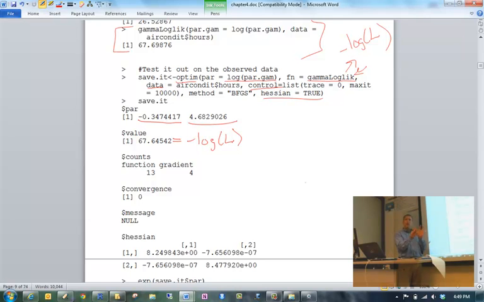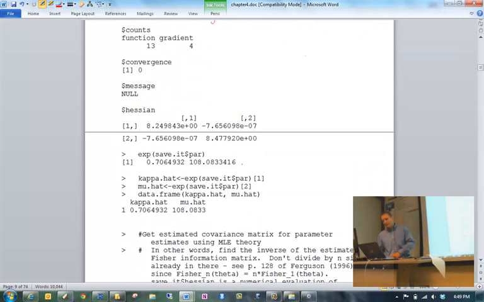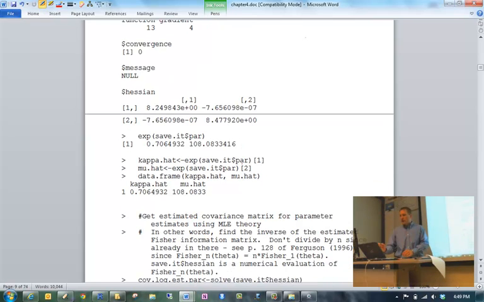It's in the same ballpark as you expect. Convergence equals 0 means yes, it did converge. If it was something else, we would get problems. It did not converge. And here's my estimated Hessian matrix. Put it into the scale of kappa and mu. Kappa has 0.7. Mu has 0.08, which matches what we had in Chapter 2.